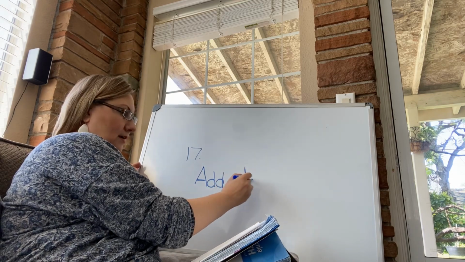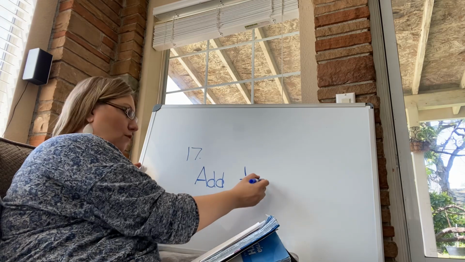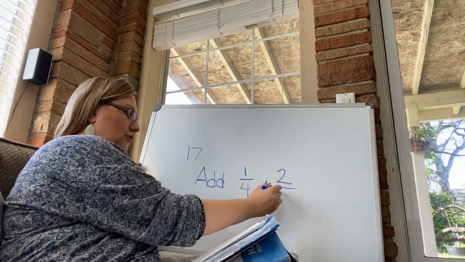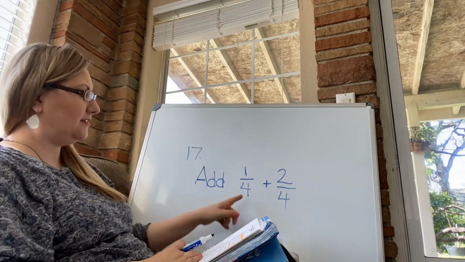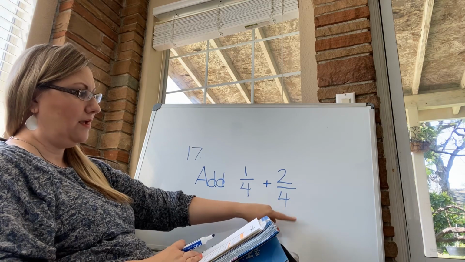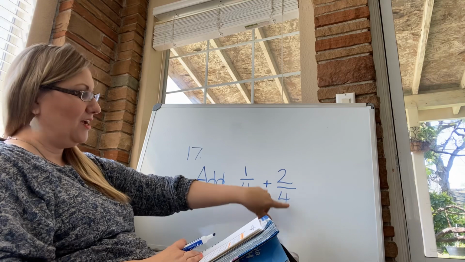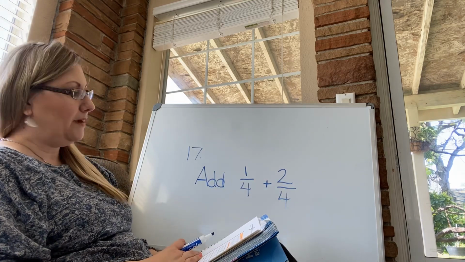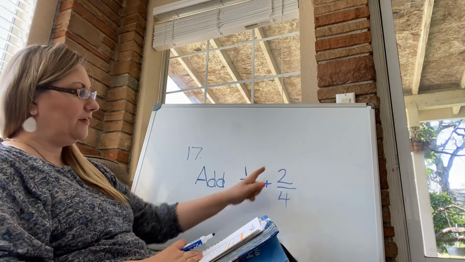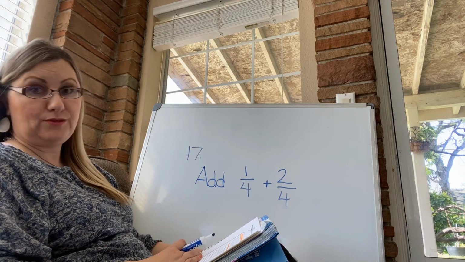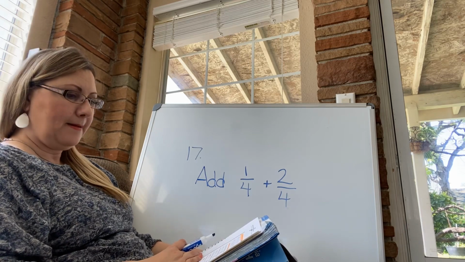So the instruction is to add 1/4 plus 2/4. Now you can see that the denominators of these two fractions are the same. When the denominators are the same, you can just add up the top number. So 1/4 and 2/4 is 3/4, guys.